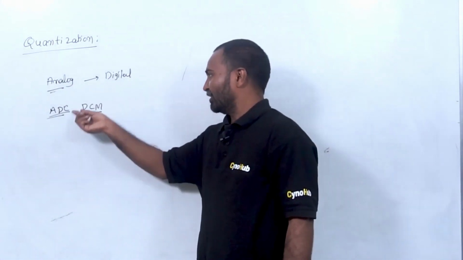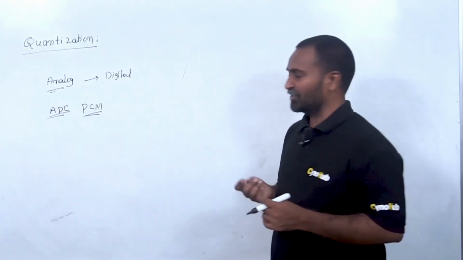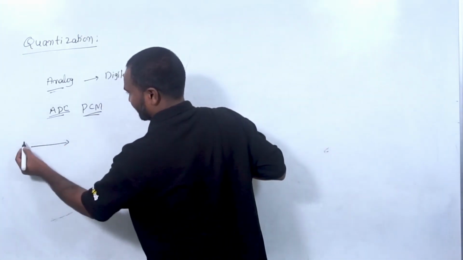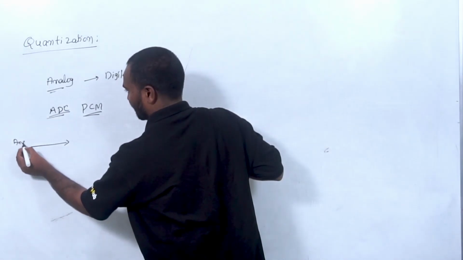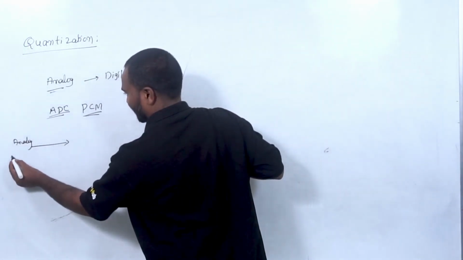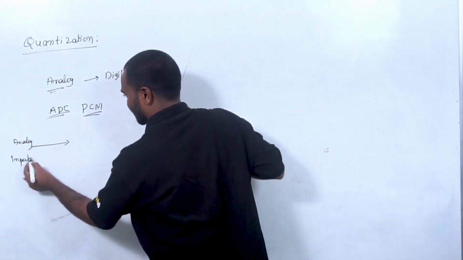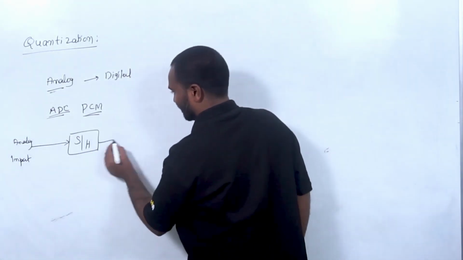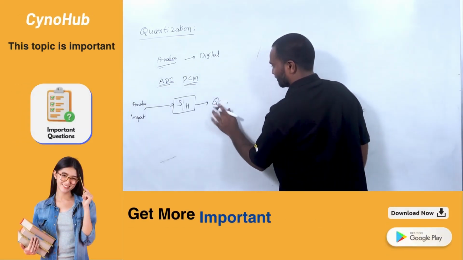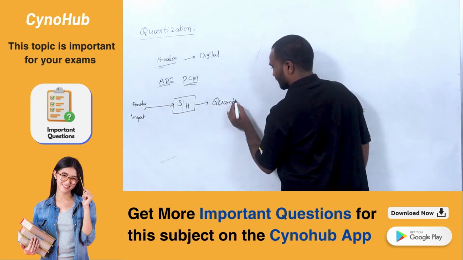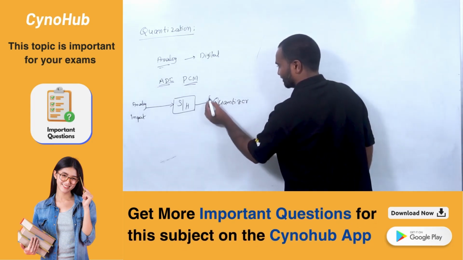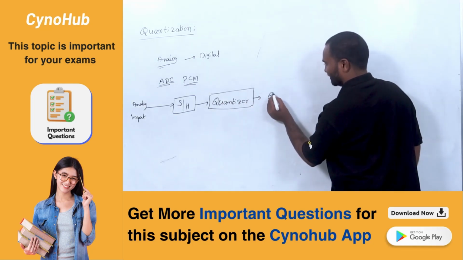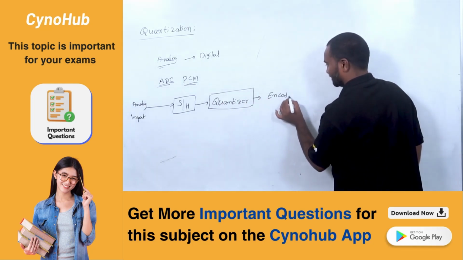Now, look into the block diagram of pulse code modulation: analog input, sample and hold circuit, quantizer, and next one, encoder.